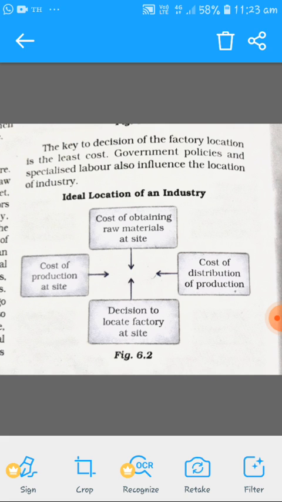The government would incentivize the industrial entity so that they set up their factory in rural areas. We can also make use of specialized labor, meaning labor which is exclusively skilled for a particular kind of activity. This is called specialized labor.